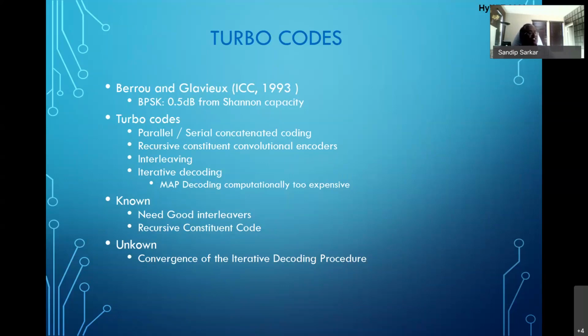If you look at the distance profile of a code, what is the distance profile of a code? If you have, let's say, k code words, out of those k code words, k1 has distance d1, k2 has distance d2, and so on and so forth. Then this d1, d2, dj is the distance profile of the code.